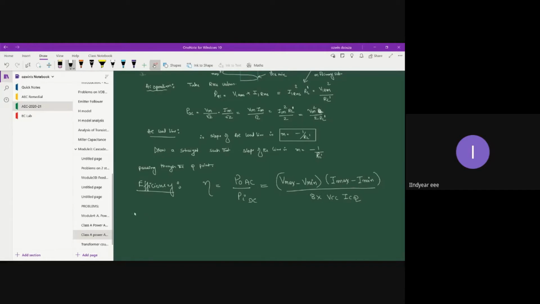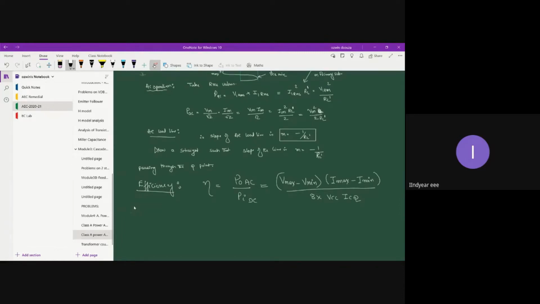Now, let us try to find an expression for maximum efficiency. In the previous class, we mentioned that in a series fed class A power amplifier, the maximum efficiency is 25%, due to poor impedance matching.